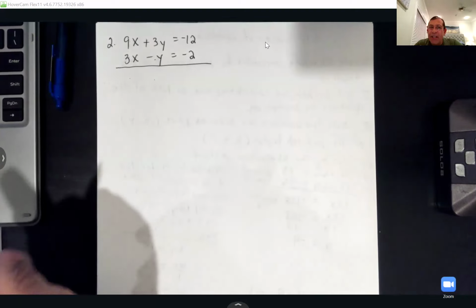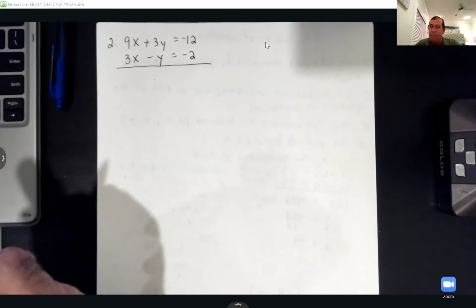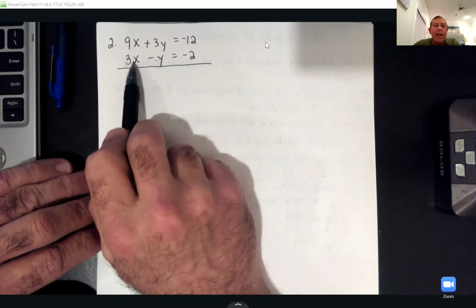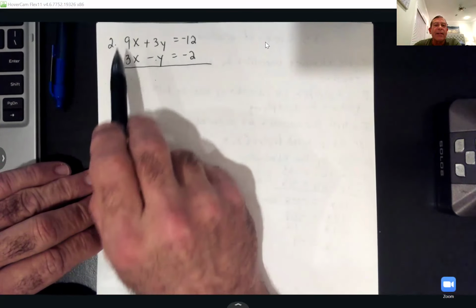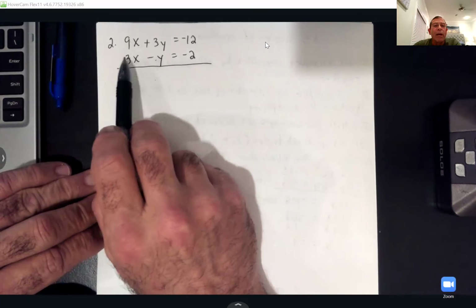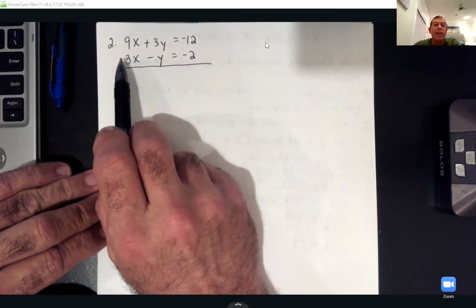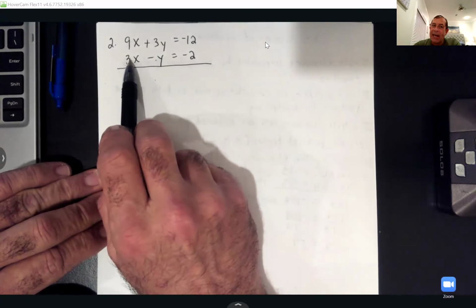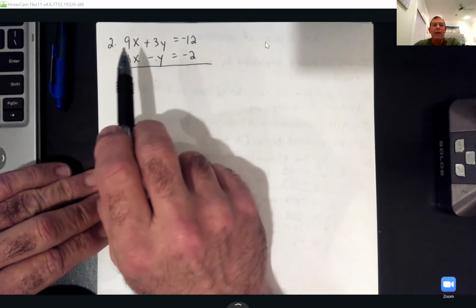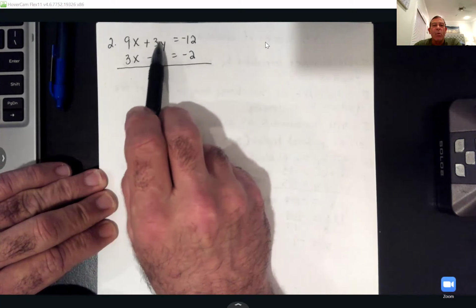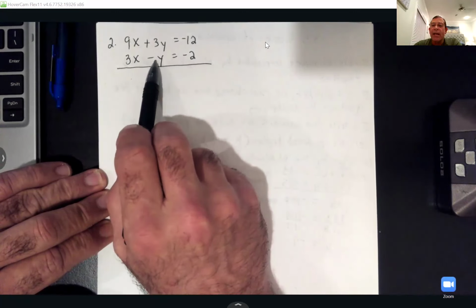I can change any row I want to, y'all. Now you could do the x's. You got a 9x here. We could multiply this whole row by a -3, because -3 times 3 would make that a -9x. If we wanted to eliminate the y's, we got a 3 and a -1.